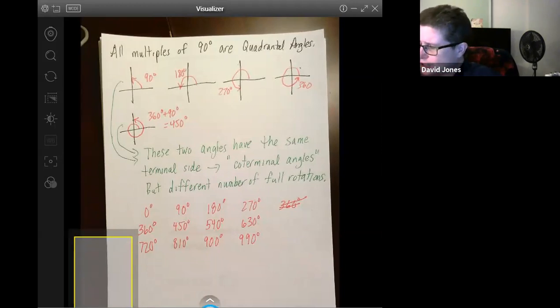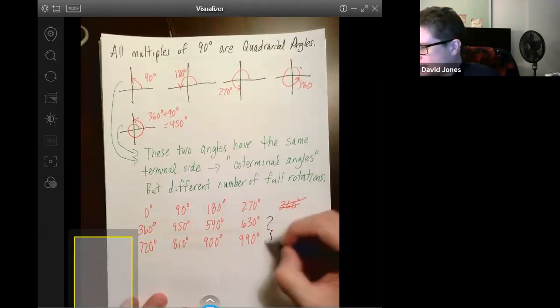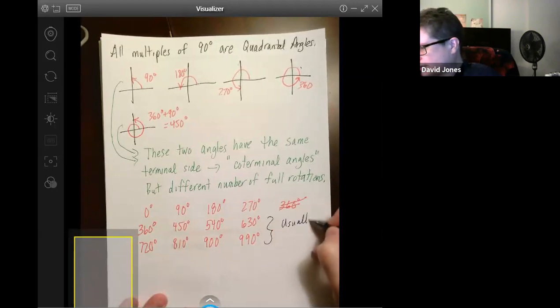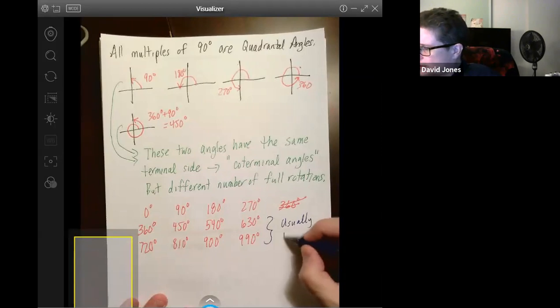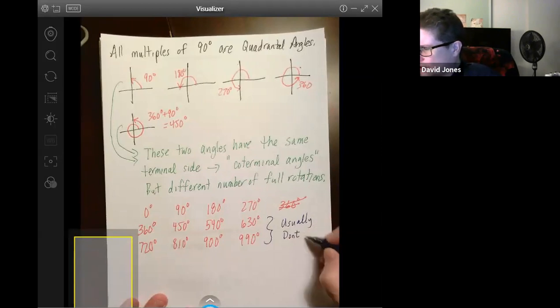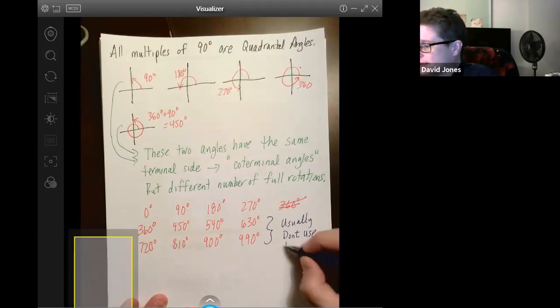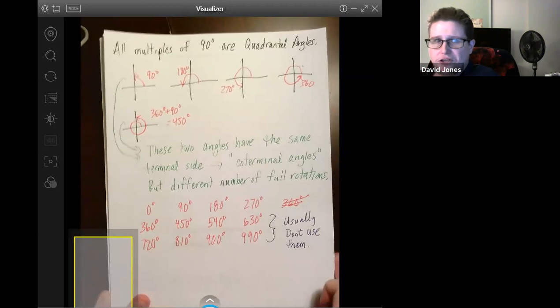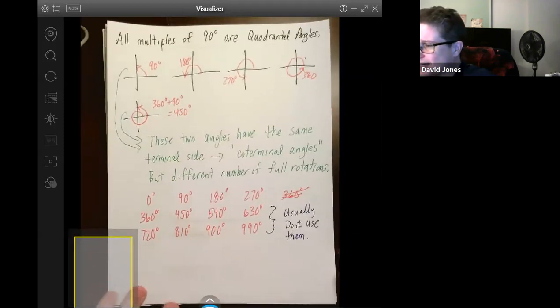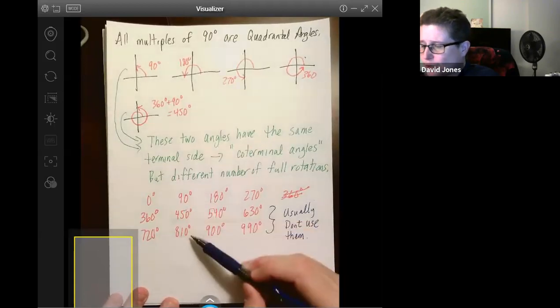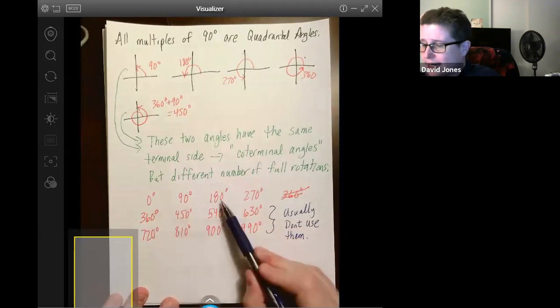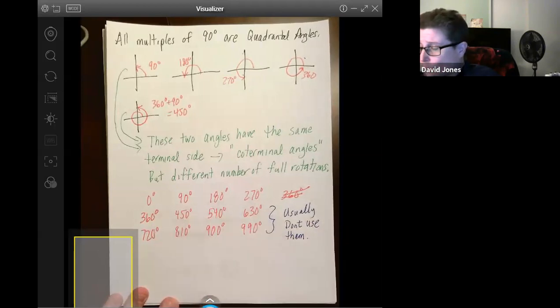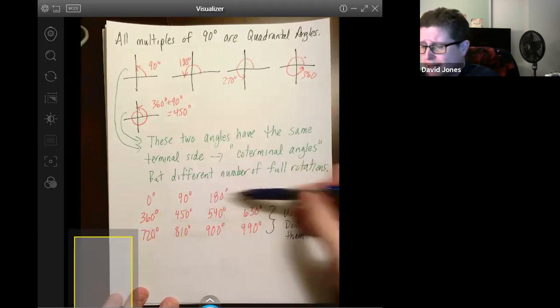We usually don't want these. Sometimes it's important, depending on if you need to count the number of rotations. But since they end up in the same spot, knowing what happens at 90 degrees is the same thing as what happens at 810. Why remember all the big things when you can just remember the base ones?